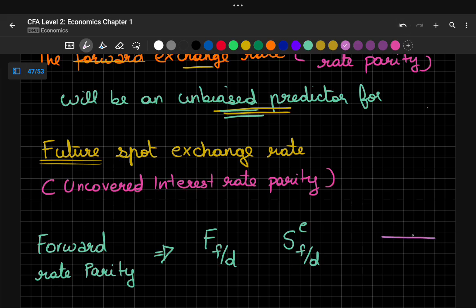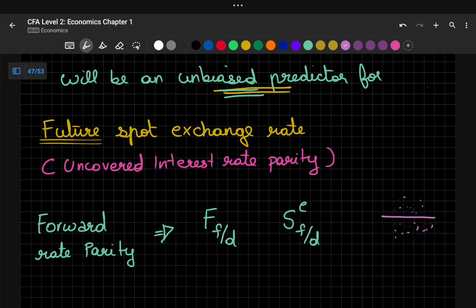If this is the future spot exchange rate, this forward rate would be hovering around it. So on average, it should be nearly equal to the expected future spot exchange rate. But for the ease of calculation, we will use the forward rate parity equation as the forward rate is equal to the expected future spot exchange rate.